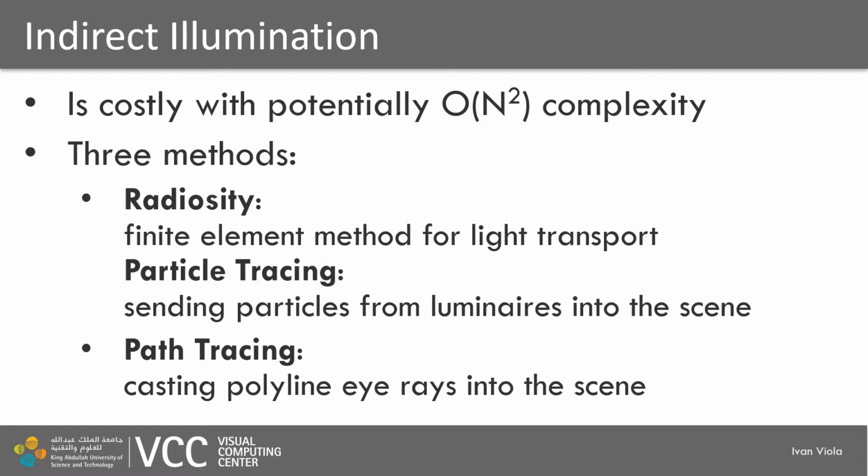We will be talking about radiosity as one method, which is a finite element method for light transport. Then we will be talking about a technique called particle tracing. And the third technique which we will discuss is the path tracing technique. Afterwards, we will be discussing the techniques on how to do accurate direct illumination in combination with these indirect illumination methods.